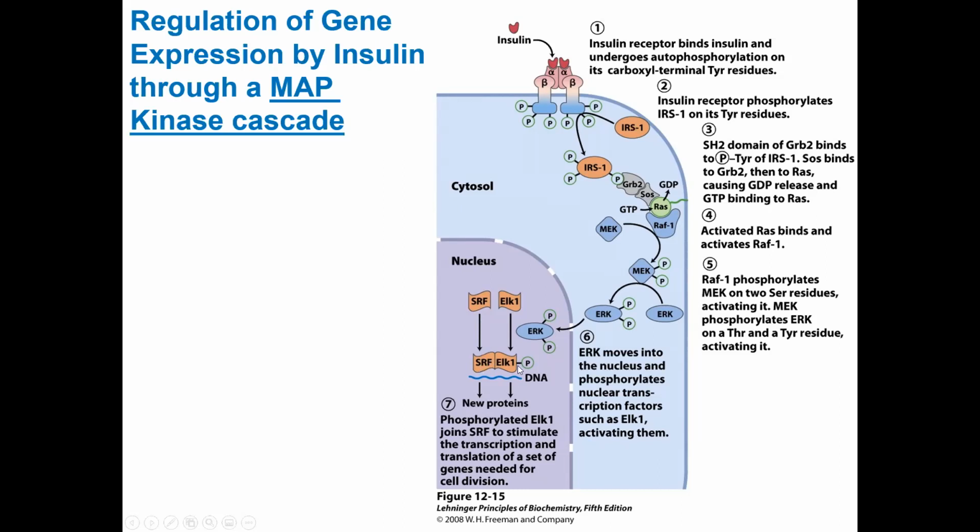That will form a complex with phosphorylated ELK1. And that's a signal to go and bind to the DNA and create new proteins that might be required for cell division. So that's the gene expression by insulin right there. Fascinating, right?